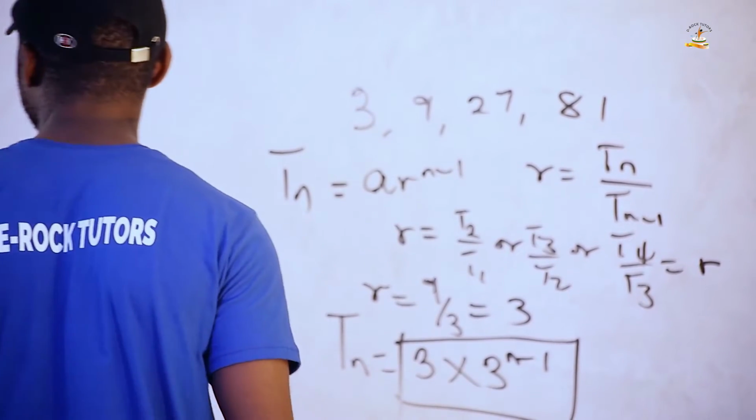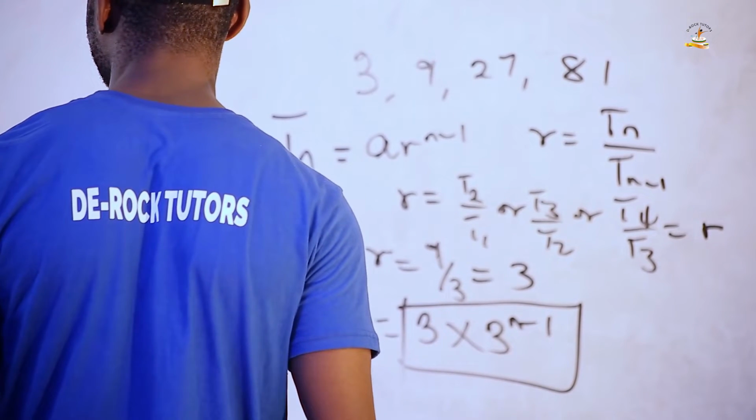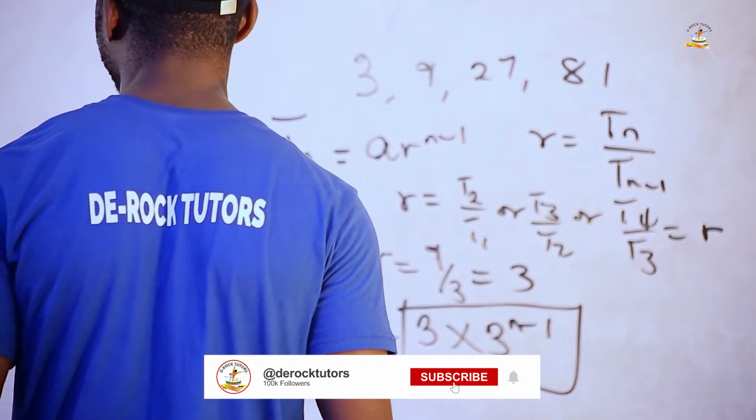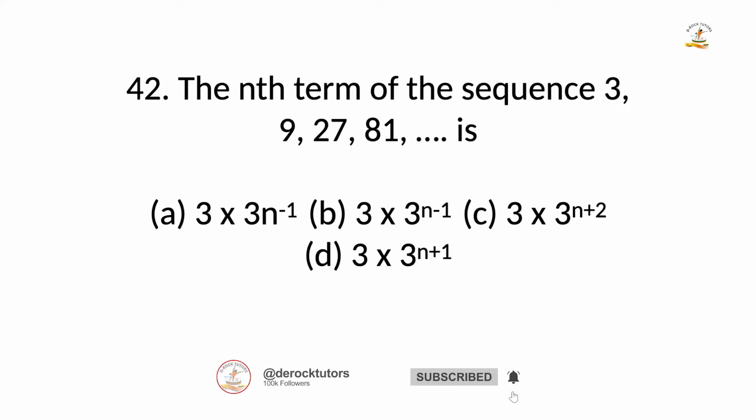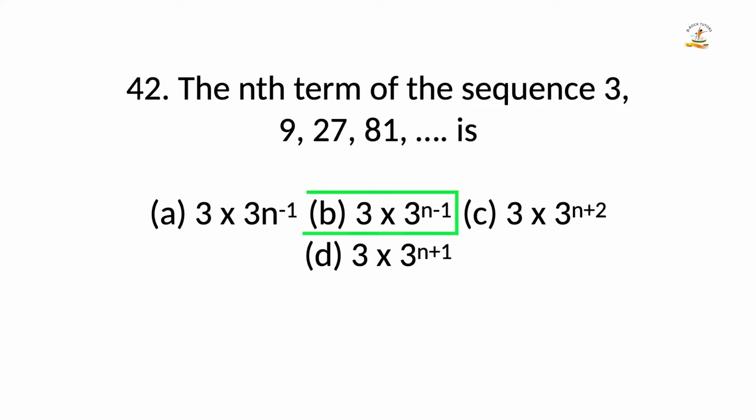Therefore, the nth term of this sequence is option B. Option A seems to be a correct answer too, but you will discover that that particular n is not a power. It is also a base. So the correct option there is option B.